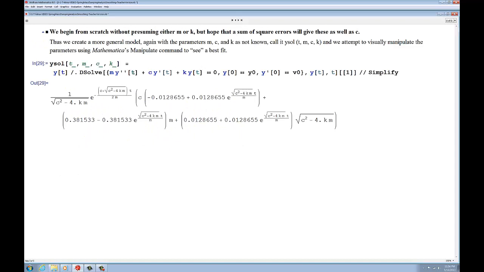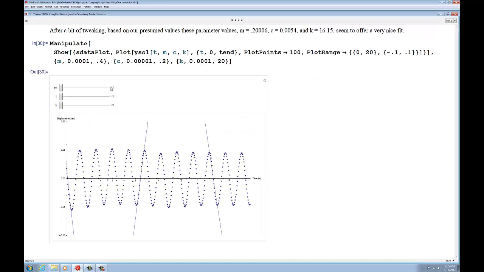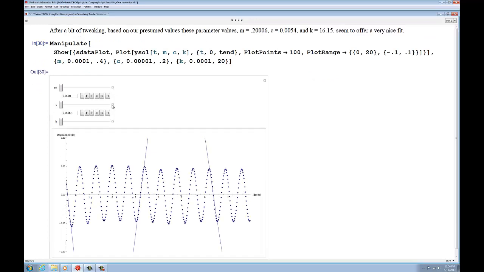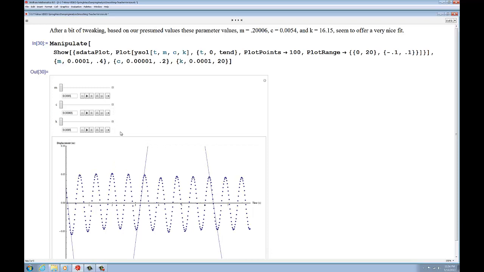What we'll begin to do now is go back to the model and say that there are 3 parameters, M, C, and K. Solve the differential equation in terms of those 3 parameters. Again, these numbers represent the initial conditions. And let's see what we can do. Here's a powerful tool in Mathematica. It allows one to play with the parameters.